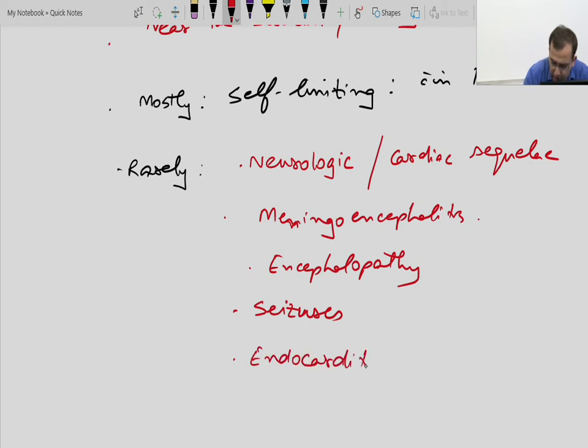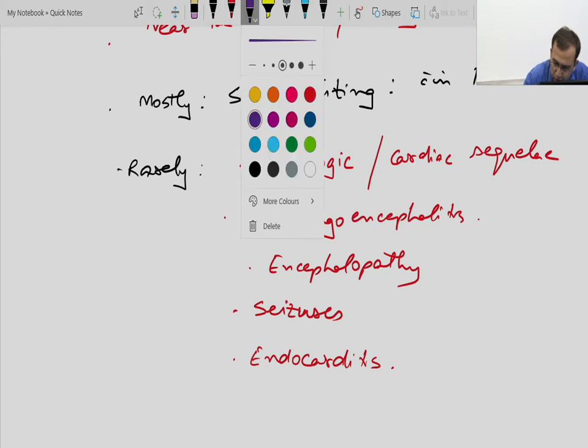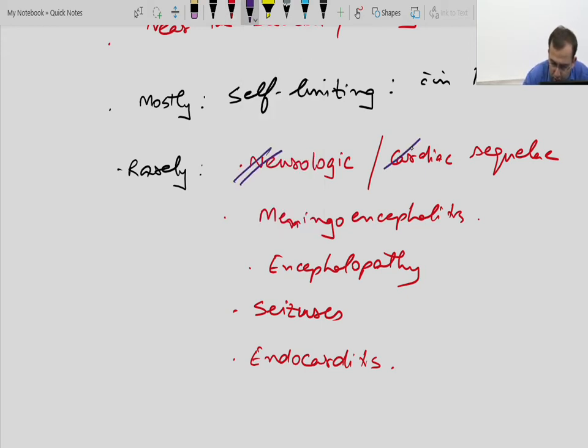So rarely it can present with neurologic or cardiac sequelae also. Next point, this is then associated with a high mortality.